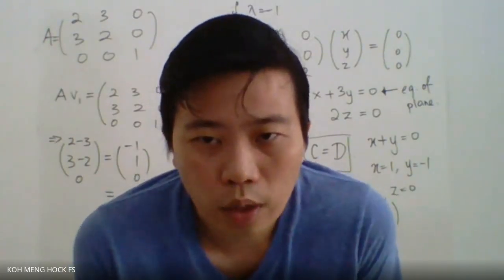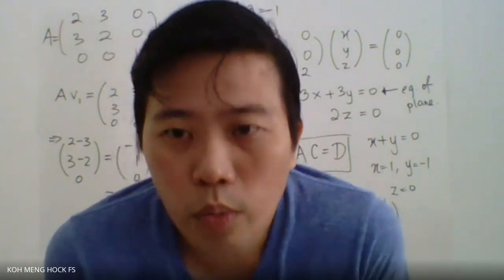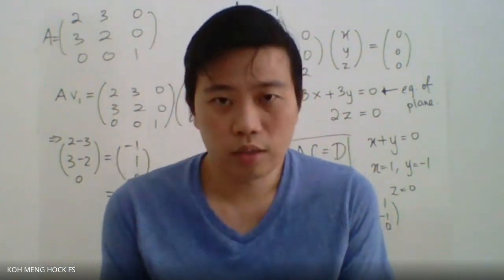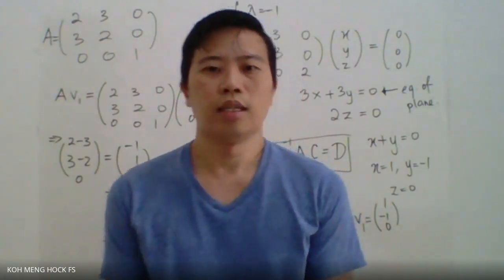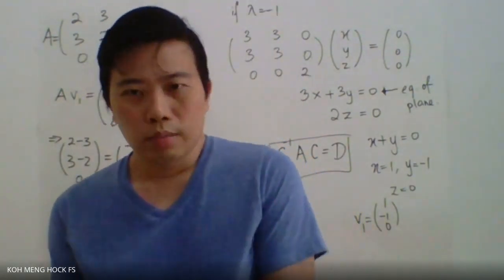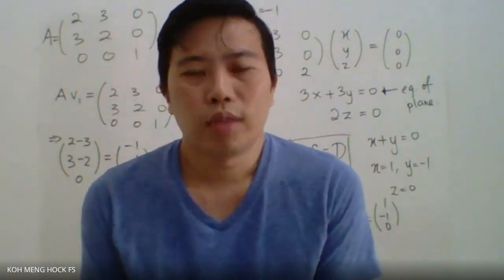Okay, so test 1 is 10%. You got the numbers. Test 2 is 10%. Test 3 is 10%. Test 4 will be 20%. So that will be a total of 50%.